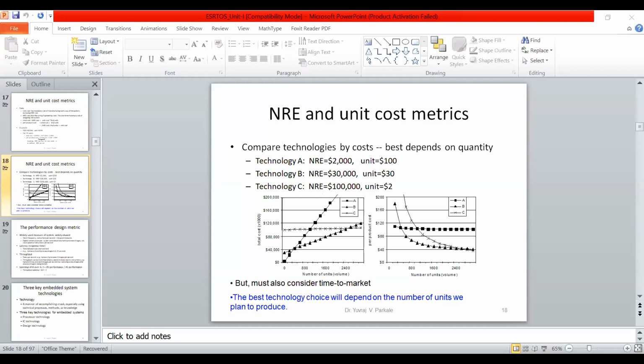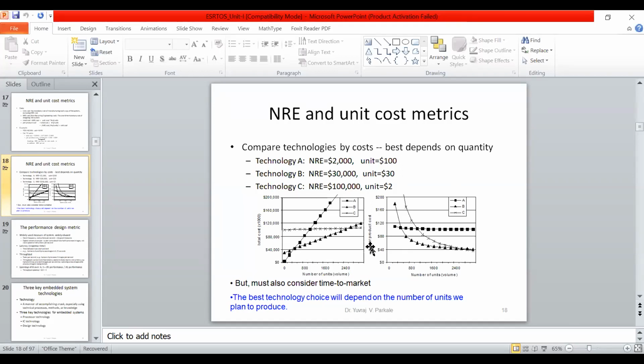If we want better quality, then we'll go to technology B. And if we want a larger number of units, then we will go to technology A. What do you mean by quality?